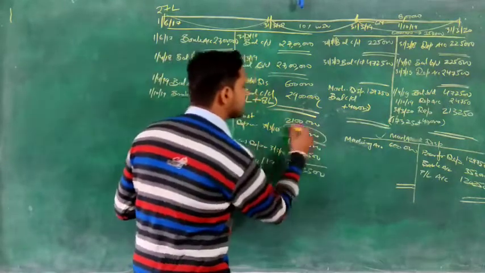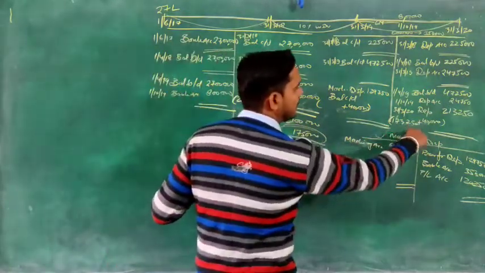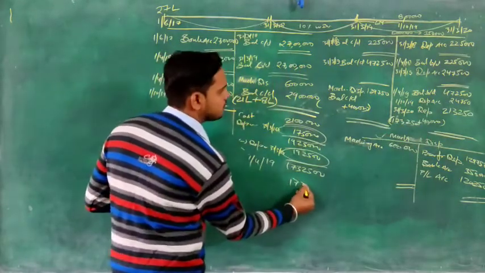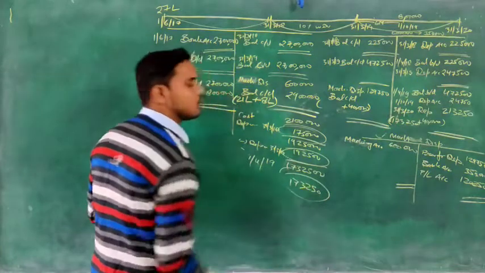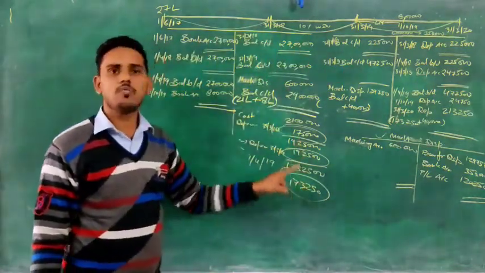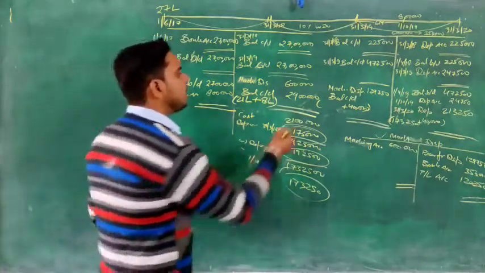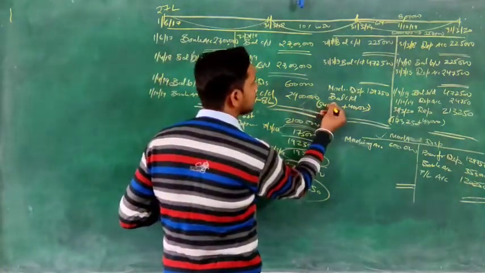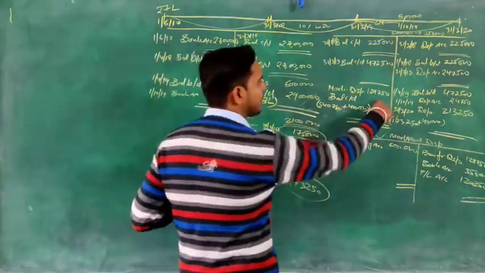This was the first year, this was the second year, and in the third year you calculated 1,73,250. This one. First, second, and third year. So you can add these 3 to find the total depreciation of that 21 lakh. That will be 5,40,750.